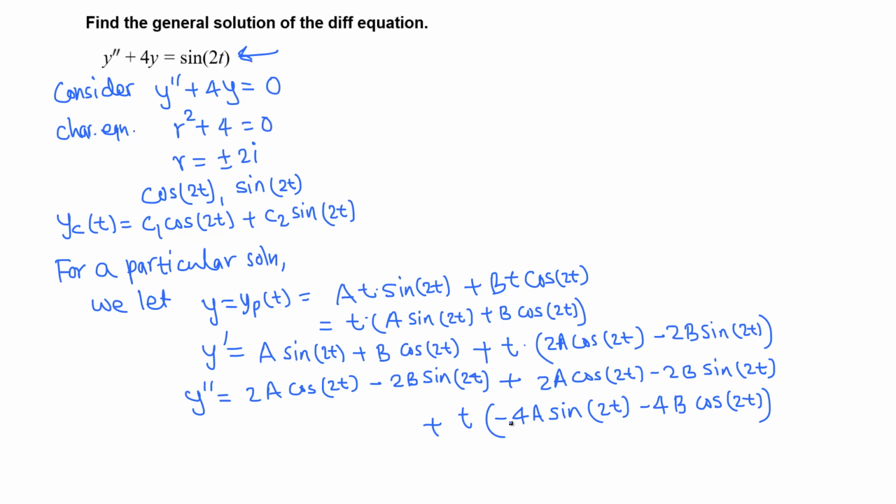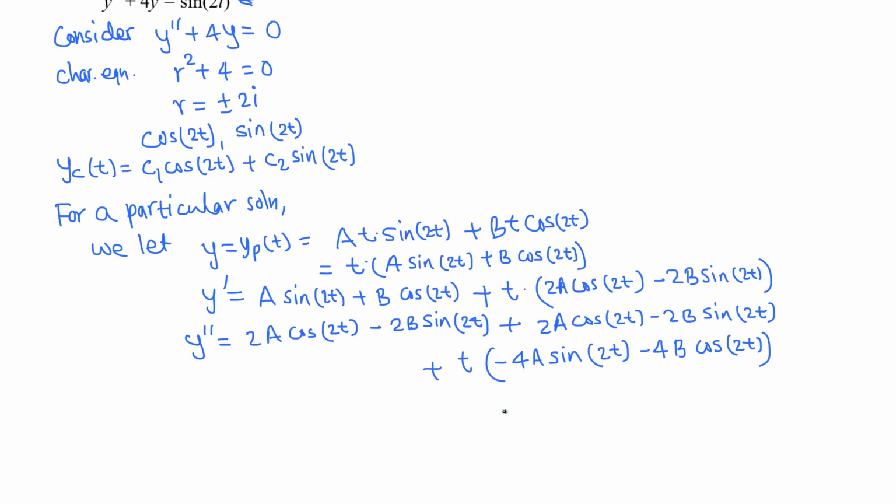Let's simplify. Y double prime: 2a cosine 2t and 2a cosine 2t, we can add, that is 4a cosine 2t. Negative 2b sine 2t and negative 2b sine 2t, that's negative 4b sine 2t.